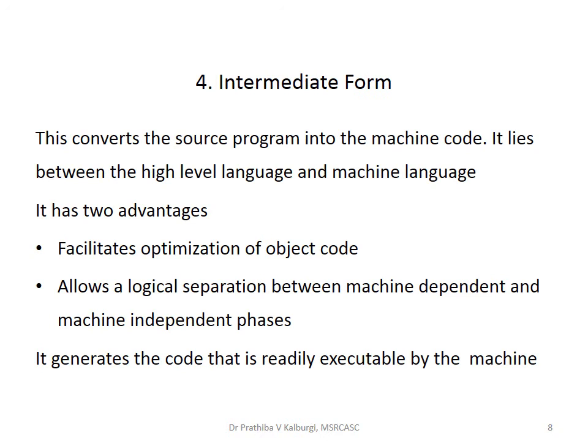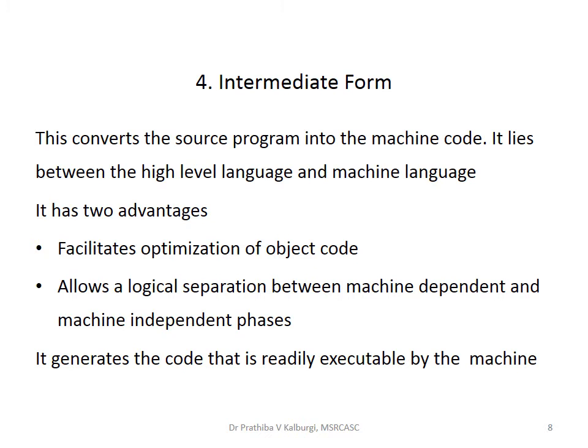Now coming to the fourth phase of a compiler, it's nothing but the intermediate phase. Now till now you have learned about the lexical analysis phase, syntax phase, as well as the semantics phase. Now we deal with the intermediate form.